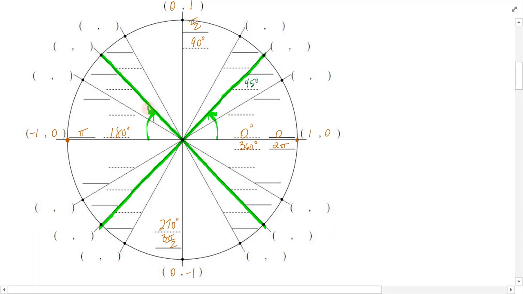And I know that the value of this rotation, if I started here and rotated all the way around and stopped at that location, would have to be 180 degrees minus 45. Remember, reference angles are the small angles that we are either adding or subtracting to 180. So I like to think of it as I rotate all the way around to 180, but then I back up 45 degrees, and that puts me here at 135 degrees.